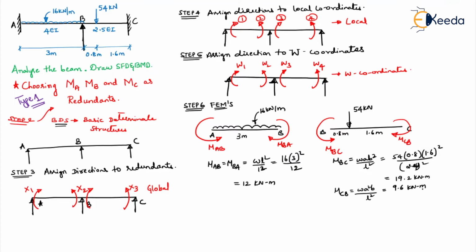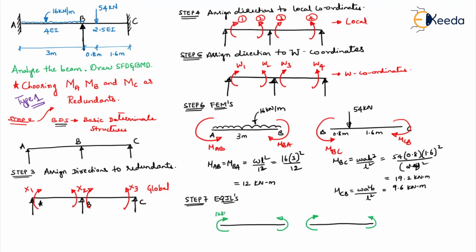Okay, so once we are done with this, what are we doing next? Here no need to calculate reaction, as I told you. Now we have to do our step 7, that is our EQJLs. Very simple. Just change the direction of fixed end moments. You will get your EQJLs. So this is like this, here like this, here it's like this, and here it is like this.